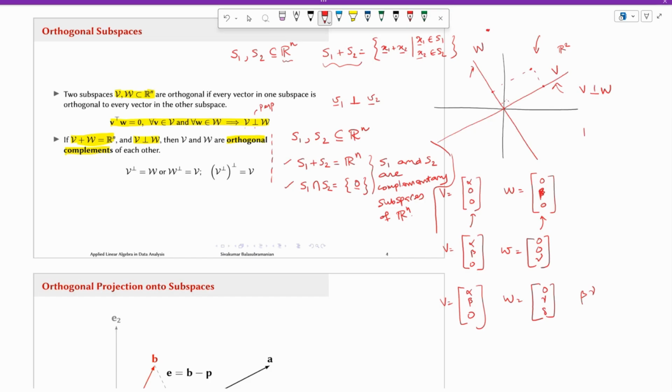What about R2? Well, I can say R2 is a subspace of R2. And V. Do they form complementary subspaces? No. For complementary subspaces, there is no perpendicularity requirement. Here, I'm only focusing on this now. I'm only asking if it's complementary. I'm not asking if they are orthogonal complements.